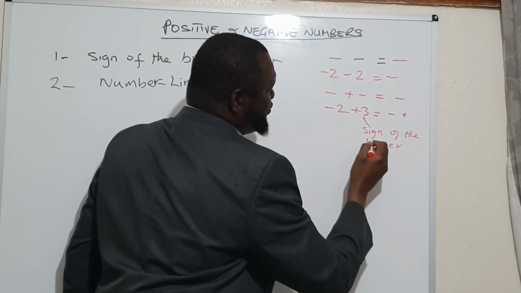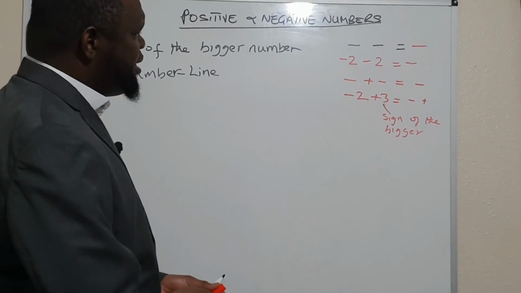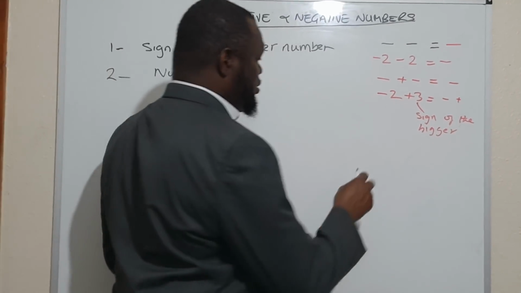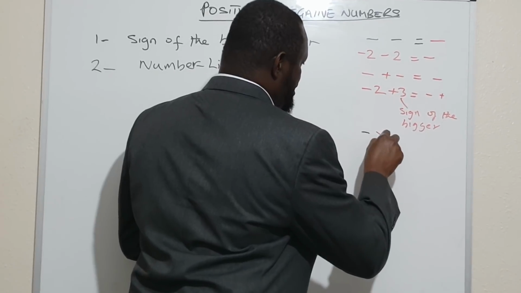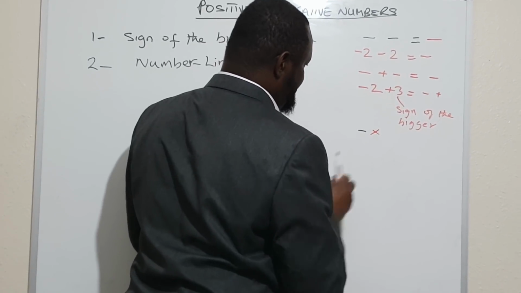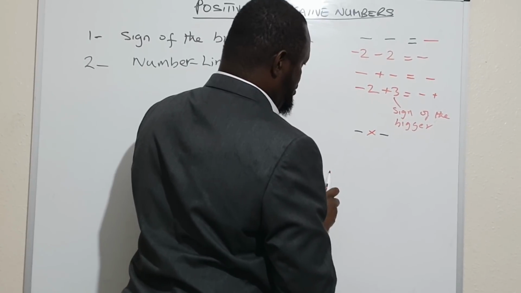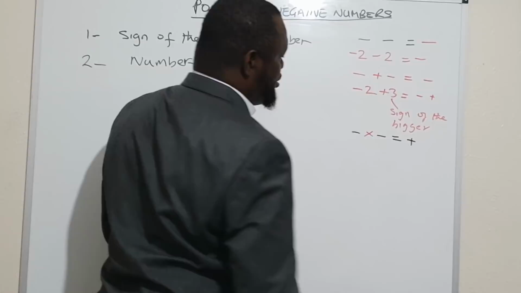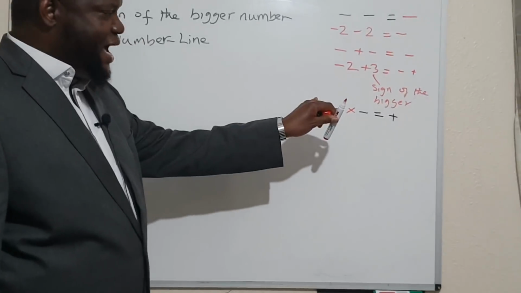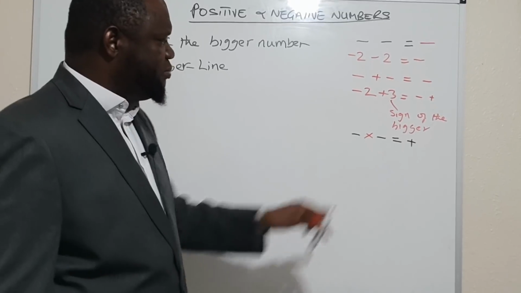Now that is the first one, sign of the bigger number. Okay? These are principles in math that you have to know. When you multiply a minus with another minus, your answer will always be positive.